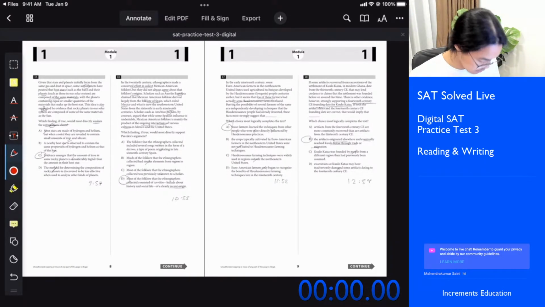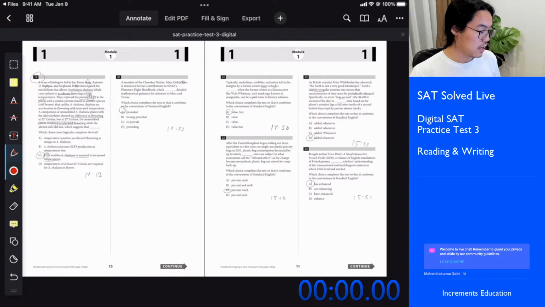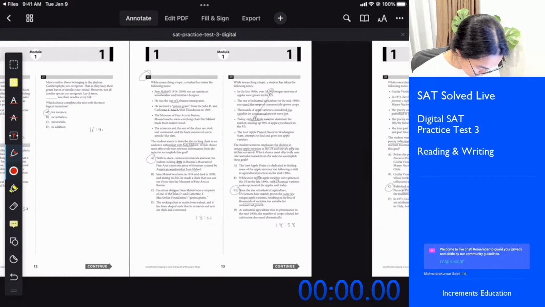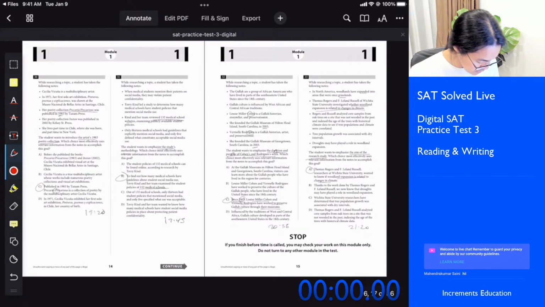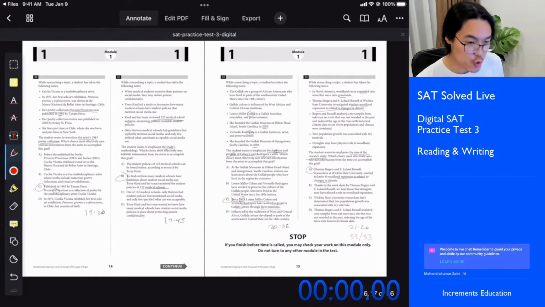CDAB are correct. Then I chose CAACDA. CAACDA are correct. Then I chose CBA. CBA are correct. Then I chose AC. AC are correct. Then I chose CBCA. CBCA are correct. That is 33 for 33 on my first module.